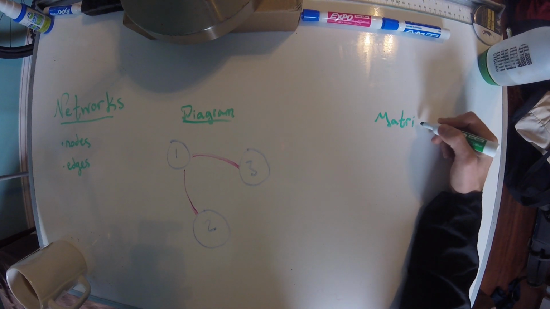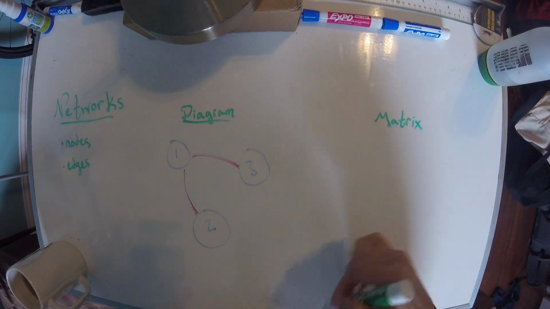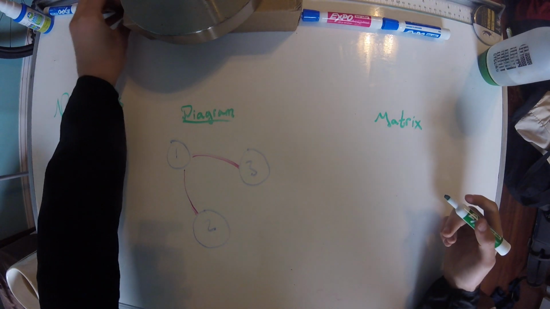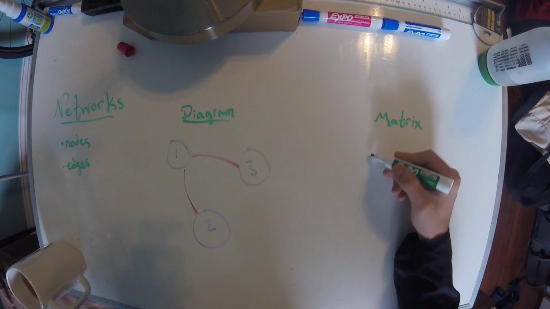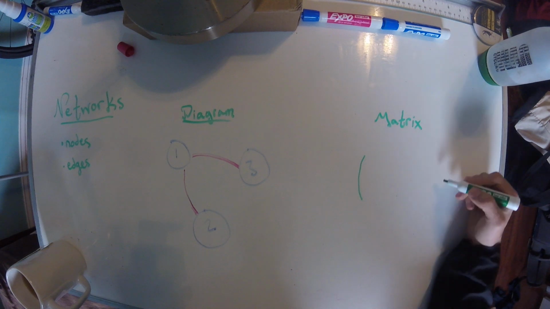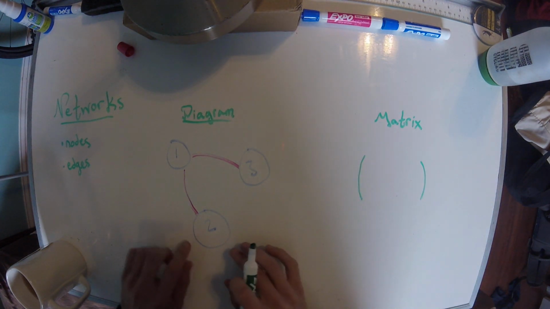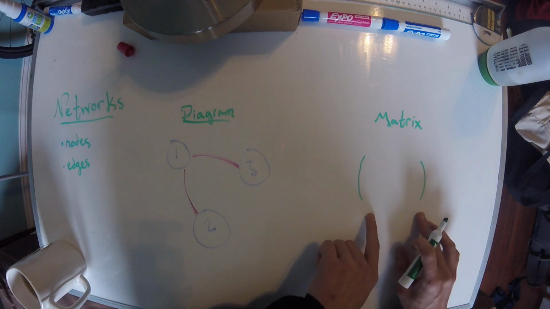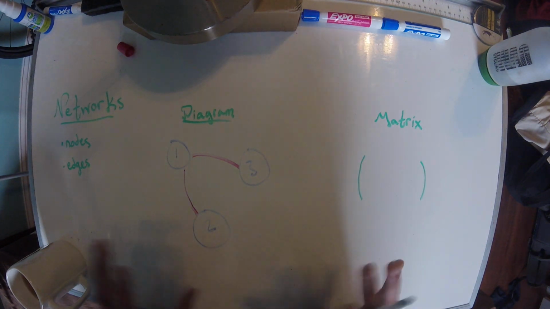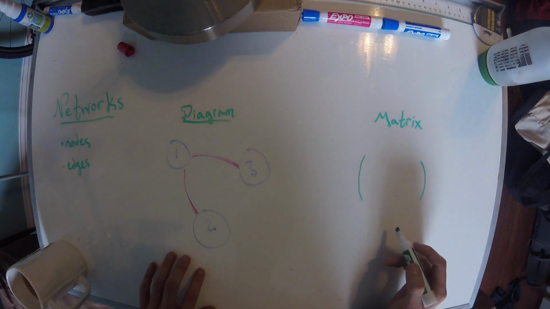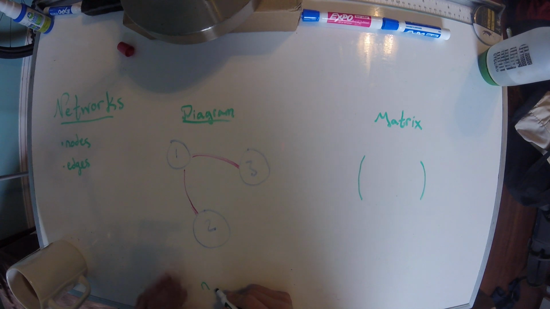So a matrix is a more compact way to represent what's being shown in the diagram. And so the way this would work is you have a 3 by 3 grid, or in general an n by n grid. If this has 3 nodes, then this matrix is going to be 3 by 3, but if it had n nodes, then this would be an n by n matrix.